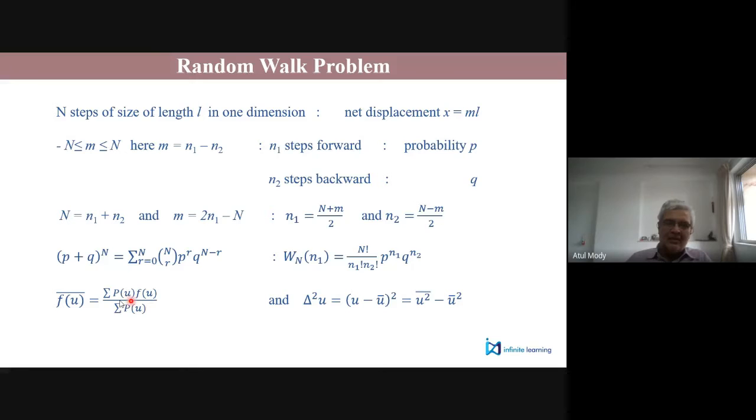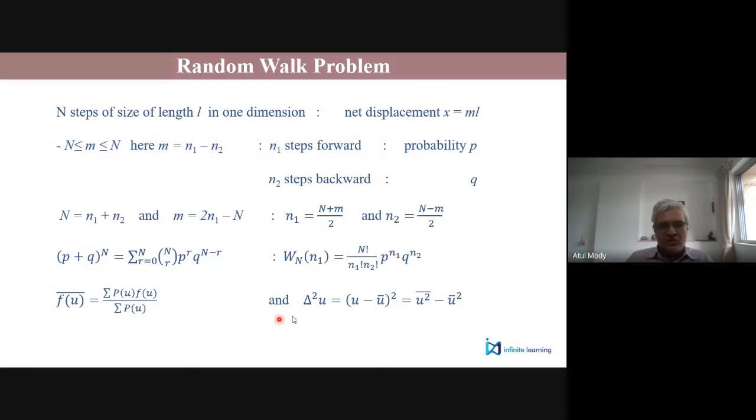If it is not 1, then you are dividing anyway, so you are normalizing the distribution. And then this is called variance of value of u. It's given by (u minus u bar) whole square, where u bar is the average of u, which if you open it, you will find that it turns out to be u square bar minus u bar square.